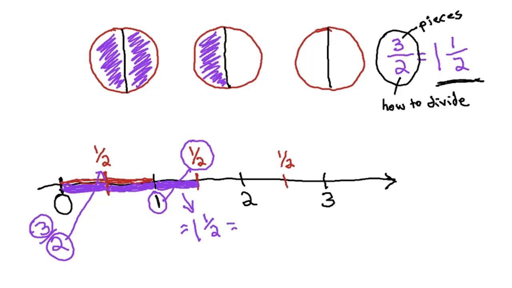And that's the same thing as 3 halves. Exact same thing. It's just 2 different ways to write it, or 2 different ways to say it. But it's still the same thing. 1 1/2 is the same thing as 3 halves.